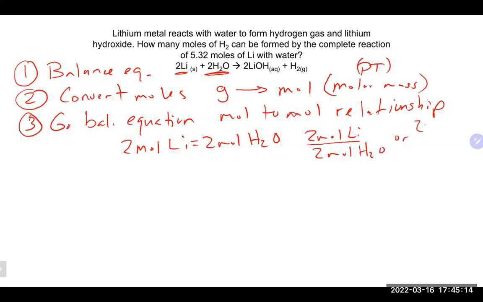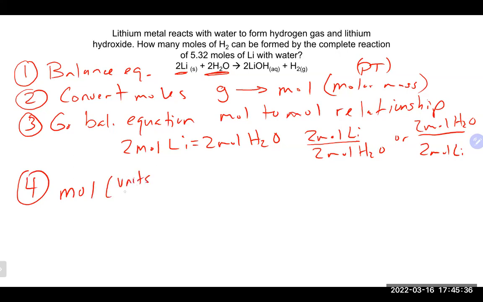You won't use them both, but you will use hopefully the correct one here. And once you do that, that is the stoichiometry part of the calculation. You will then be at step number 4, which means if you did everything up until that point correctly, the units you are in are moles at this point.